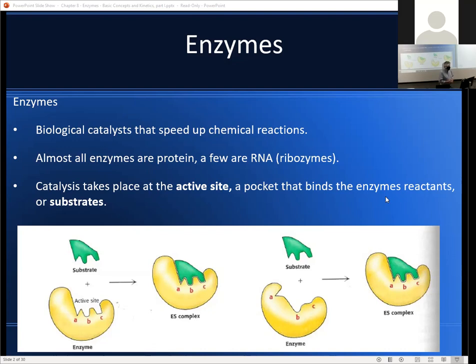Catalysis takes place at the active site, a pocket that binds enzymes, reactants, or substrates. Okay, so let me use the whiteboard.